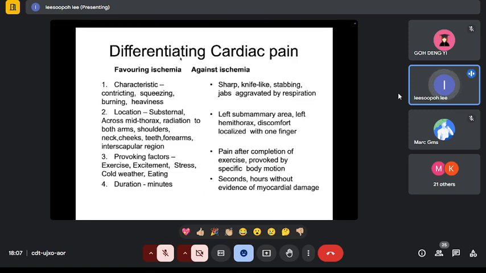Okay, so how do we differentiate cardiac pain and non-cardiac pain? Again, this one is repetitive, quite similar to my lectures previously. If the pain is very cardiac related, the patient will feel, especially in ST elevation, a sense of impending doom. Typically they describe a severe sharp pain and a very central heaviness. Okay, and commonly it's central radiating to the left side and provoked by stress.